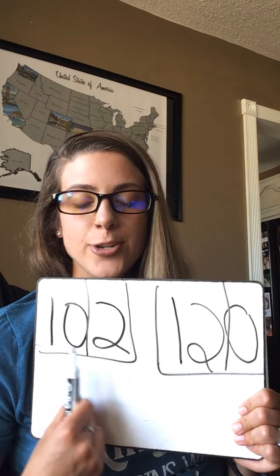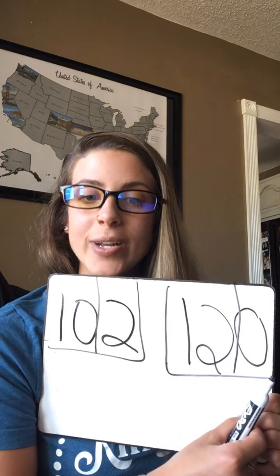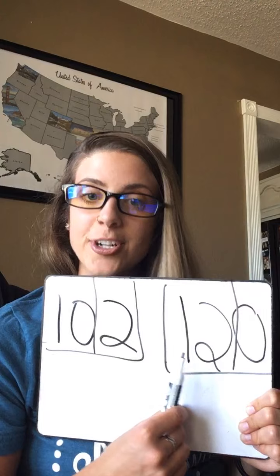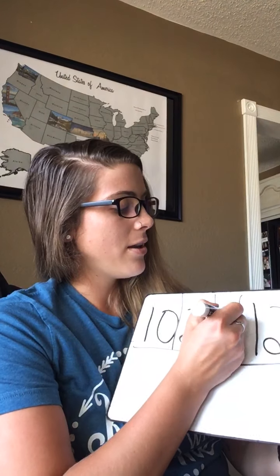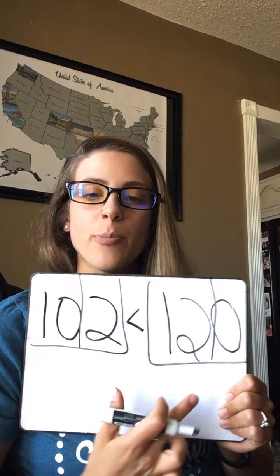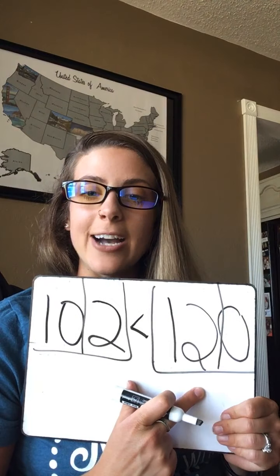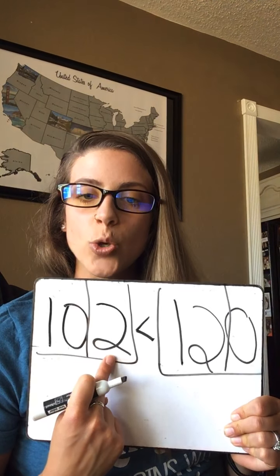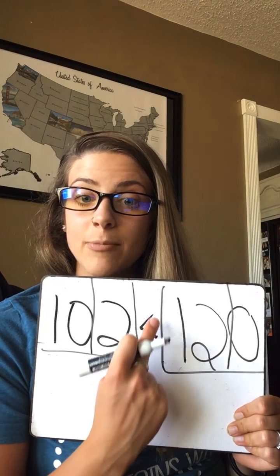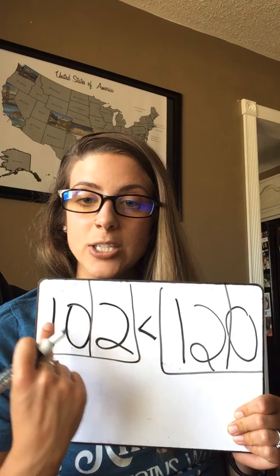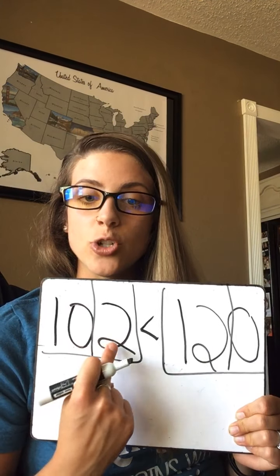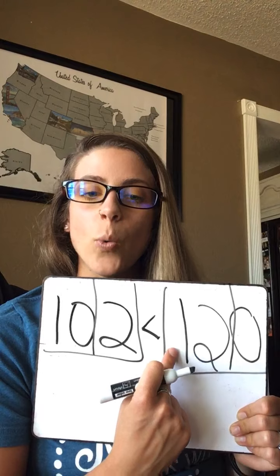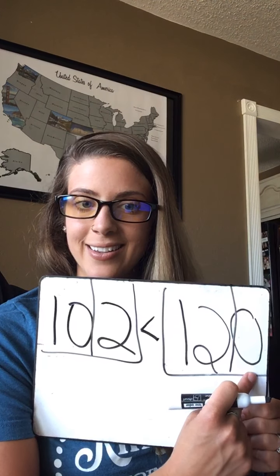So which one's bigger, 102 or 120? 120 would be bigger. So we make the big mouth towards the bigger number. Let's read it now. 102 is, remember the small mouth when you're reading this way? It's 102 is less than 120.